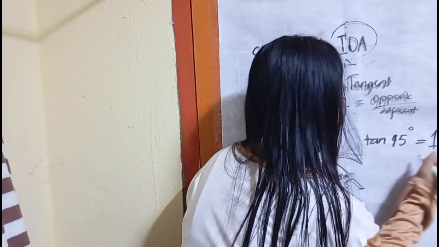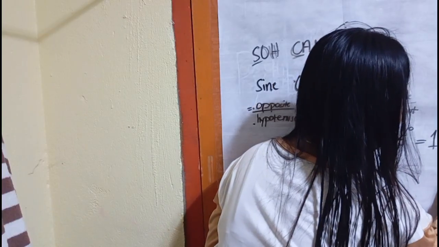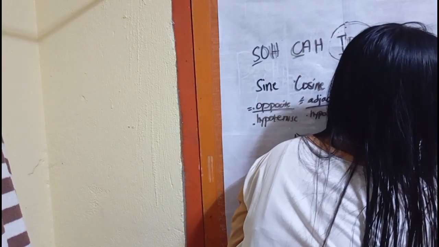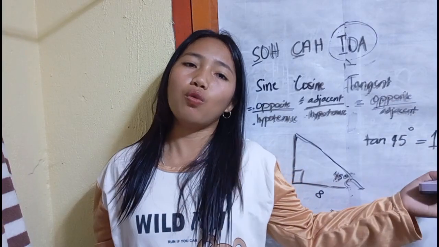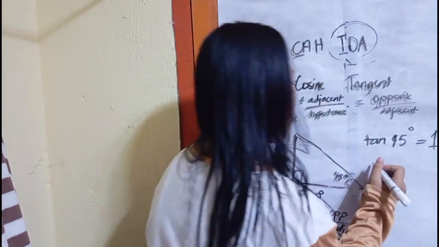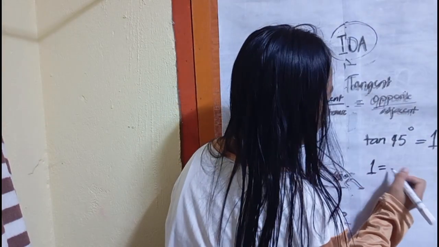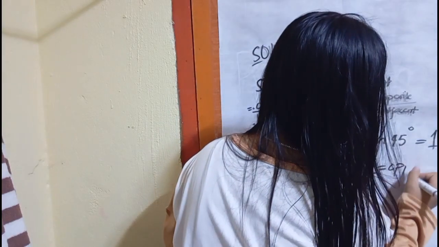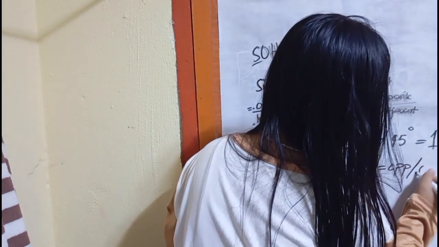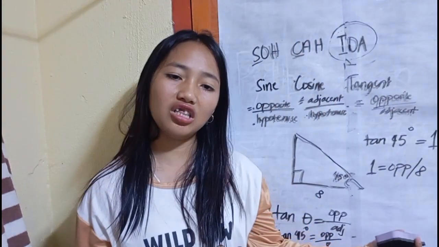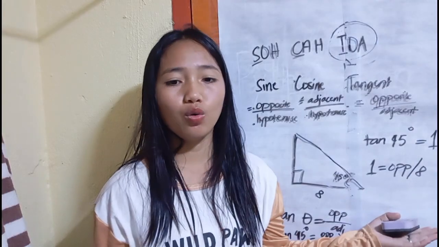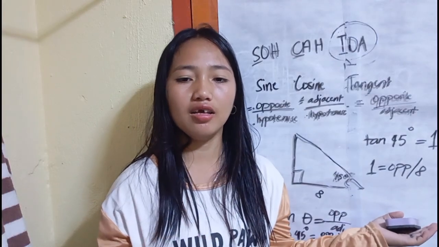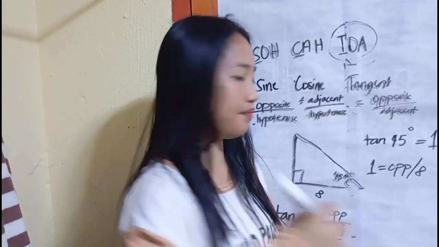So we will now have 1 equals opposite over 8. And again, we will multiply each side by 8.